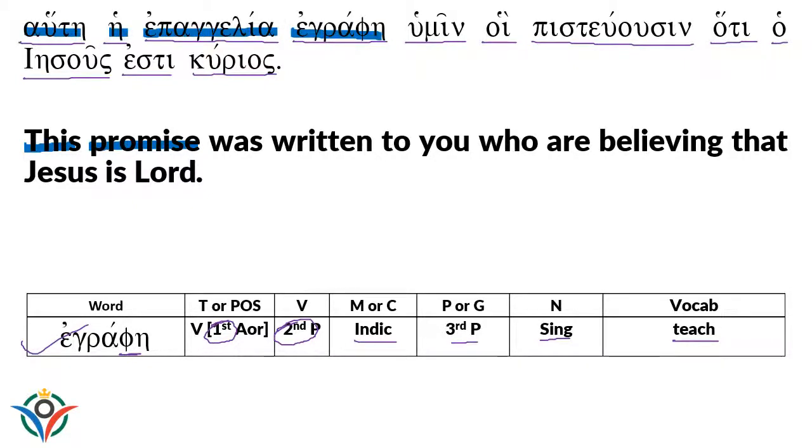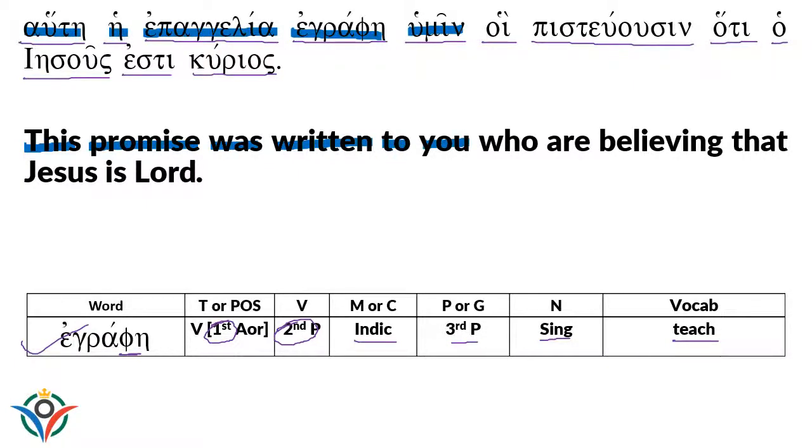Egraphe, which is our first aorist second passive, it's past tense, and to show the passive voice, we use the helping verb "was," so that this promise was written, and it was written humin, which is the indirect object, to you.